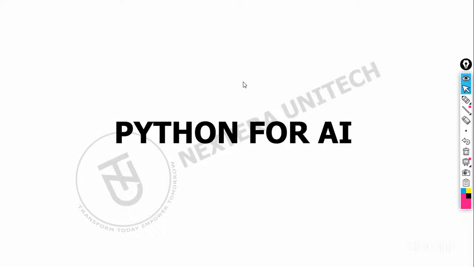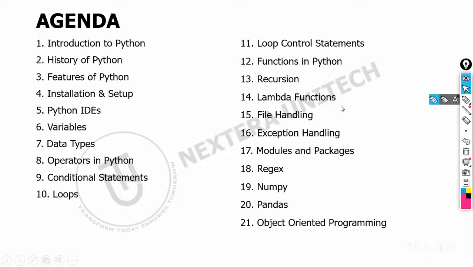Right, thanks. So, welcome back to our sessions on Python for AI. It's day 6, right? So, we'll quickly recap what we have covered in the previous session. In the previous session, we have understood the concepts of sequence category data types.